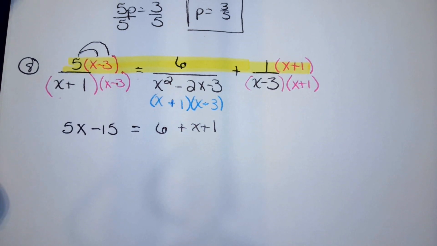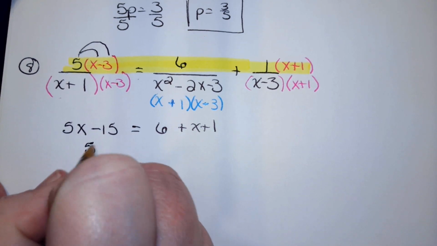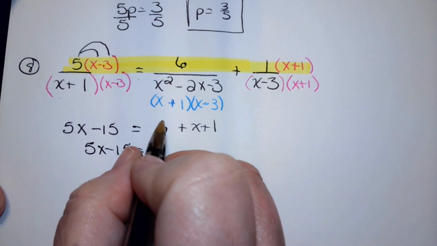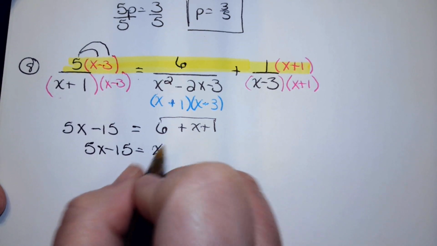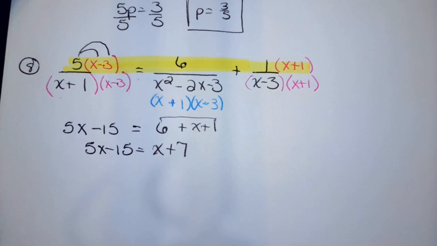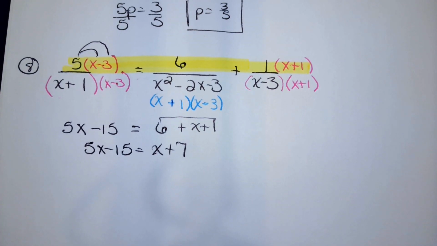All right, combining like terms, I get 5x minus 15 equals 6 plus 1, which is 7, so we get x plus 7.